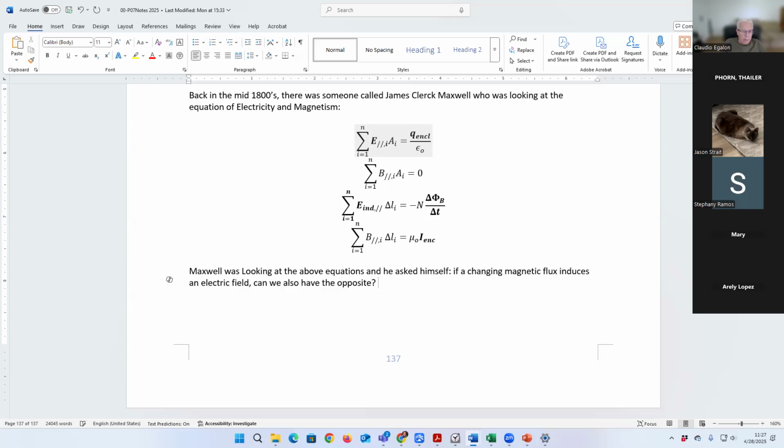In other words, would it be possible for a change in electric flux to induce a magnetic field?